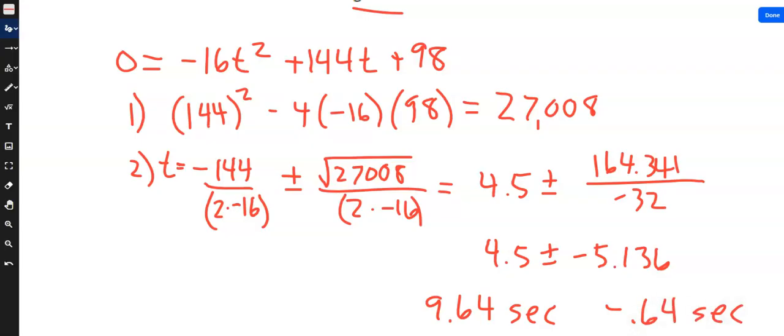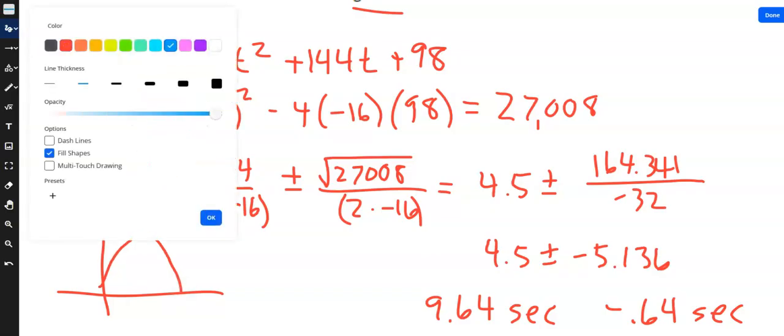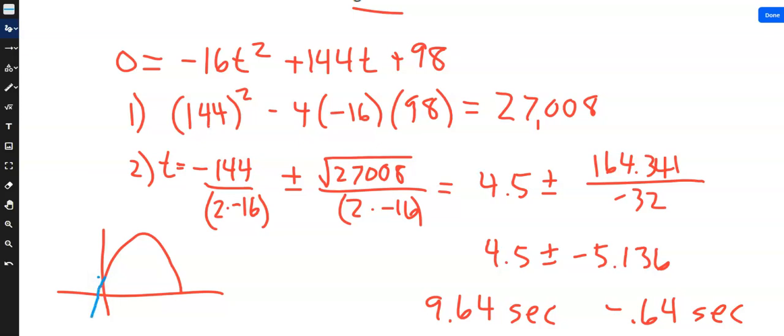Now wait a second. How can you have a negative time? That would be before the object was launched. That's right, folks. Remember the picture that we had, how it went up and it came back down? The reality of a parabola, mathematically speaking, is that it keeps going on forever and ever.